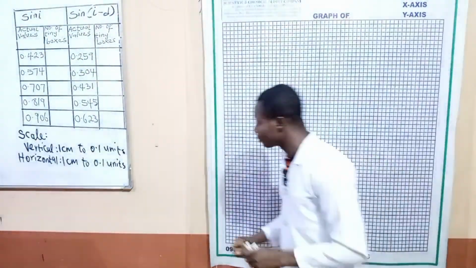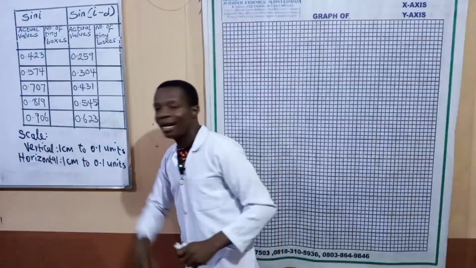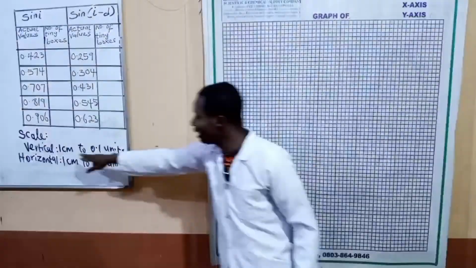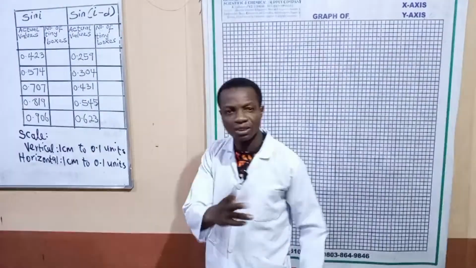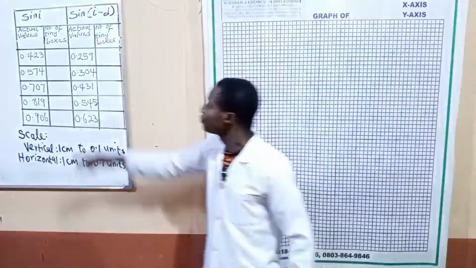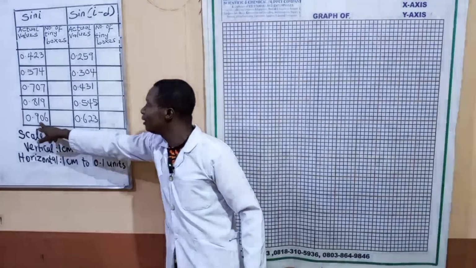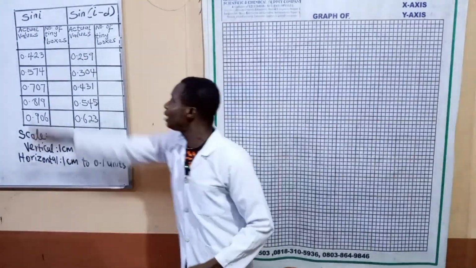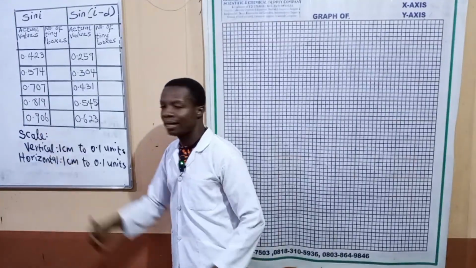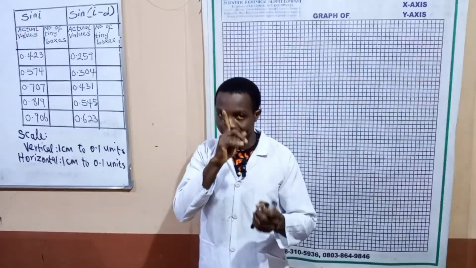So let's proceed. Now, let's look at the vertical axis. Remember, this is the vertical axis. We are using 1 cm to 0.1 units. Why? Because you need to choose your scale yourself. You can see that the highest value at the sin i axis is 0.9. So we can approximate it to 1.